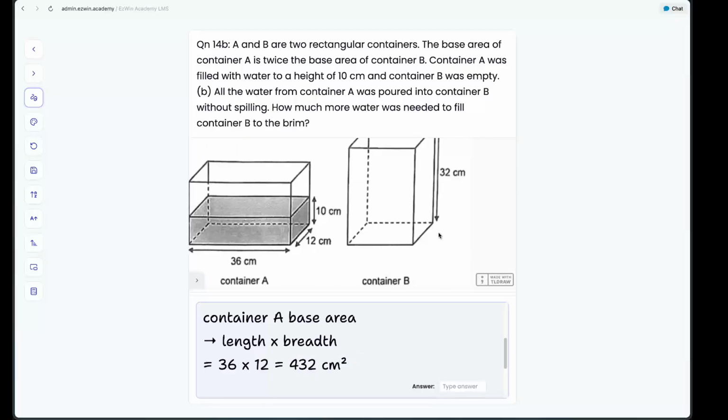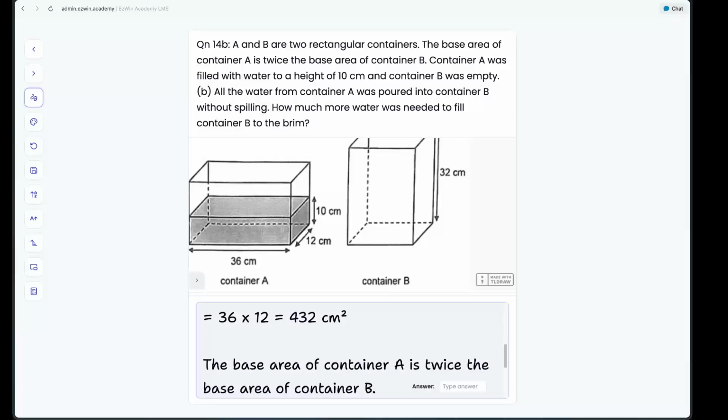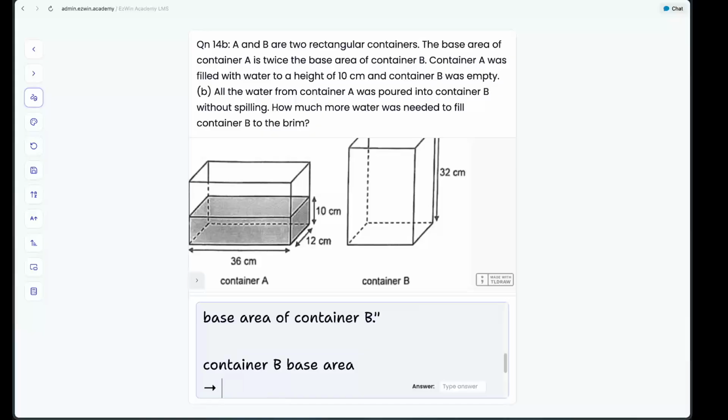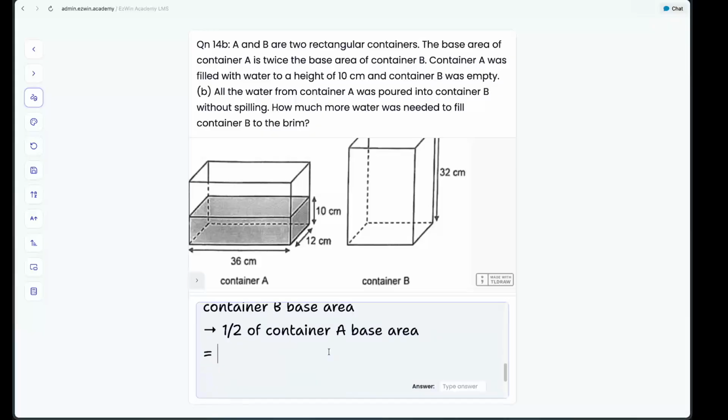So for container B base area, we will just have to divide it by 2. The base area of container A is twice the base area of container B. So that means container B base area is basically half of container A base area, which in this case is half times 432, and this will give us 216 centimeter square.